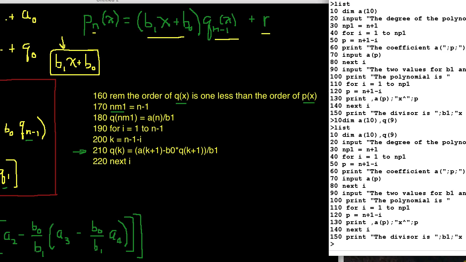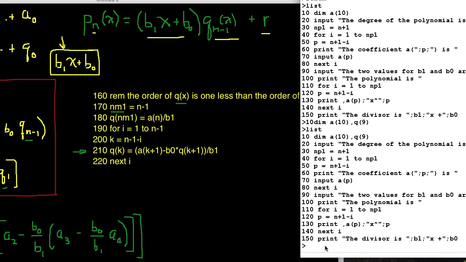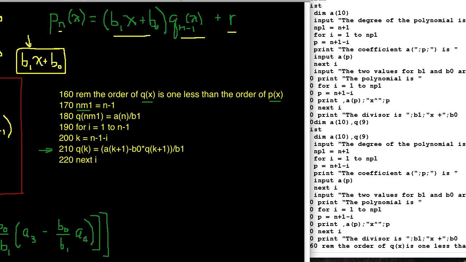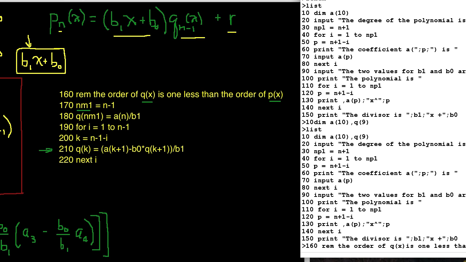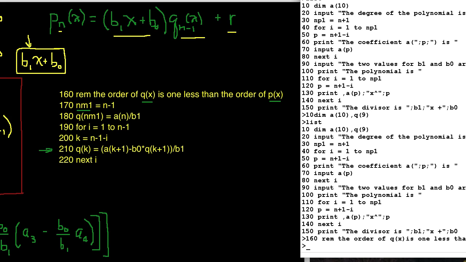So I'm going to put in statement 160: remark, the order of Q of X is 1 less than the order of P of X. So that's statement 160.